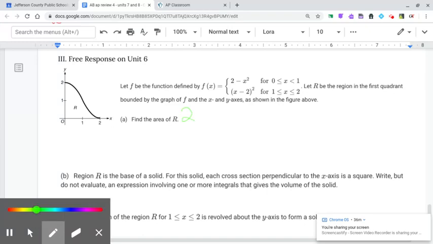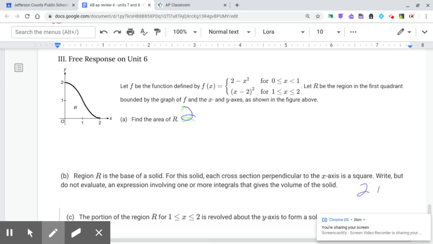That's not very visible, sorry. This is an integral expression. It's actually 2 integrals. So this is from 0 to 1, 2 minus x squared, plus from 1 to 2, it's x minus 2 squared, so to the 4th.